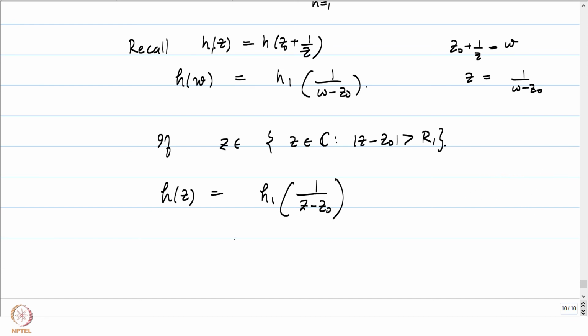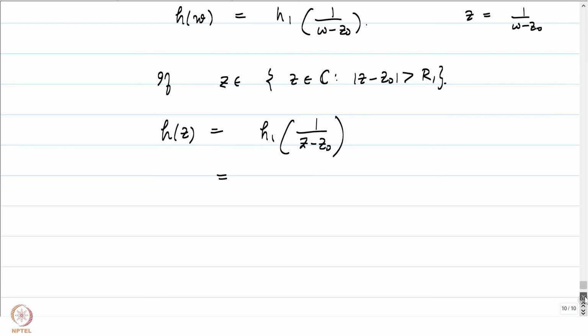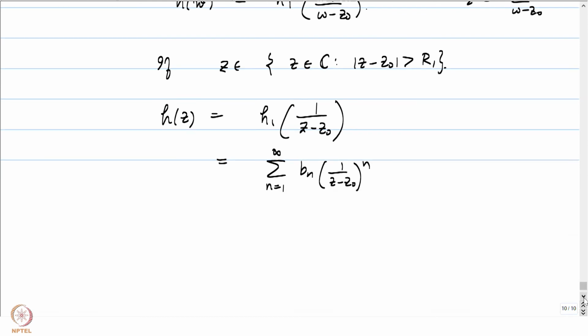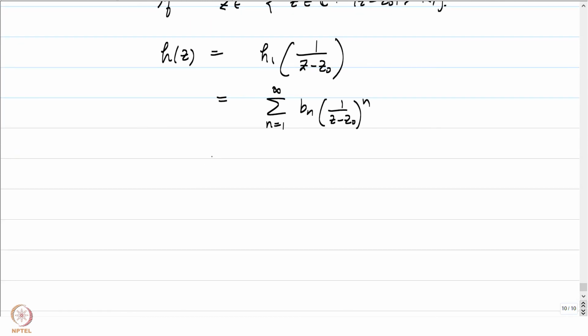And this is going to be equal to, by the very definition, b_n times 1 by z minus z0 to the power n, where n goes from 1 to infinity. By calling b_n to be a_minus n, this is equal to summation a_n z minus z0 to the power n, where n is from minus 1 to minus infinity.